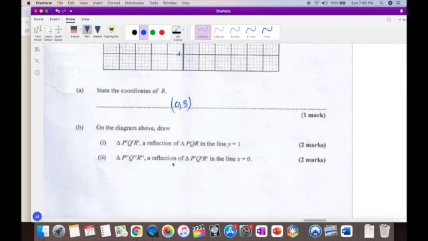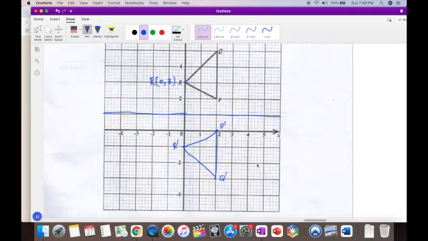And now we have to draw an image, a reflection of that last image. So the triangle double prime being a reflection of the prime triangle in the line x equals 0. x equals 0 is this y-axis here. This is the line where x will always be equal to 0.